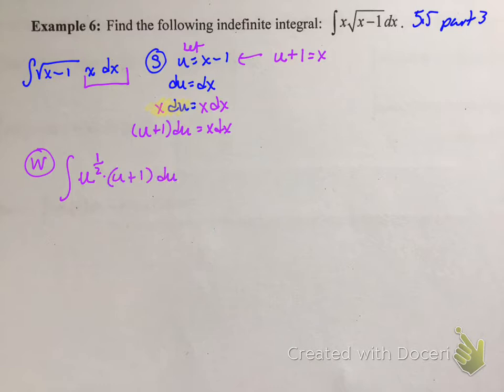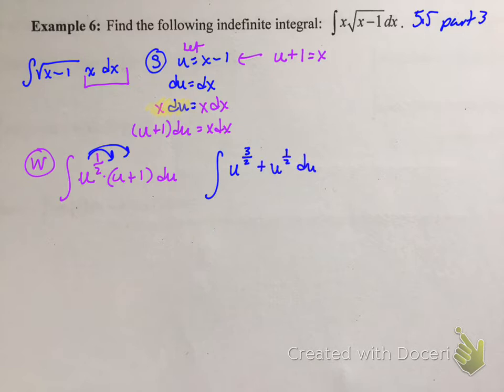Now I'm going to have to do some work on this because I have to distribute the u to the 1/2 power. So I get u to the 1/2 times u to the 1, which gives me u to the 3/2, and then u to the 1/2 times a positive 1, which is u to the 1/2, and then I have du.